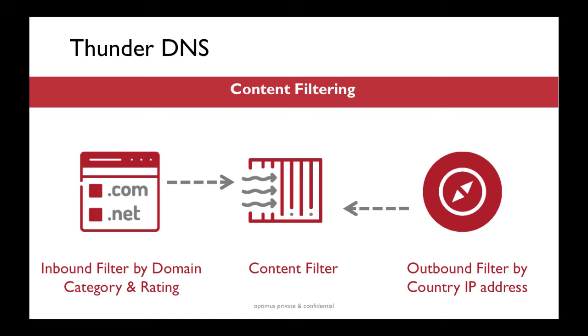New domains are categorized within a few hours, and category updates are sent automatically to all Thunder DNS servers. We offer around 50 different categories as well as 4 different intended audience content filters. We can also filter out international communications for specific countries by IP address to provide another layer of security.